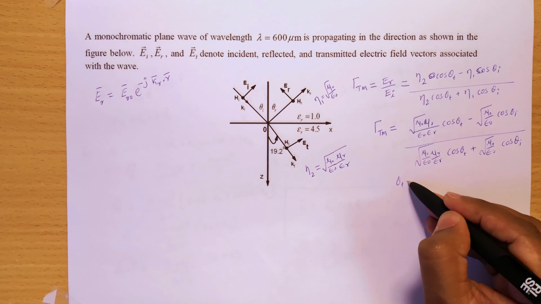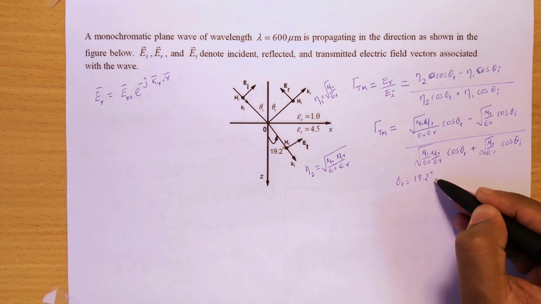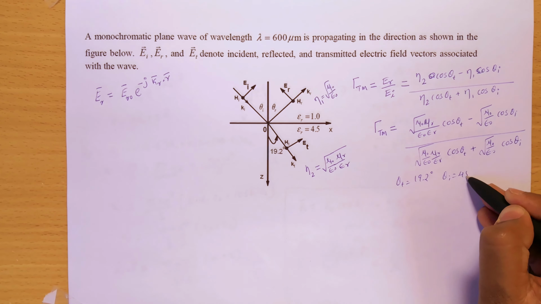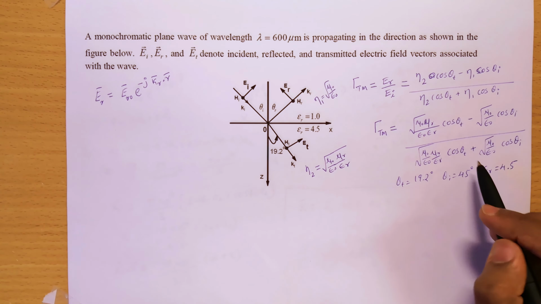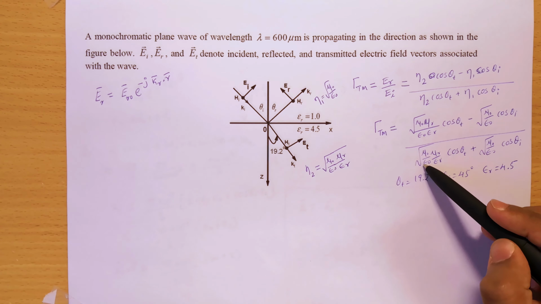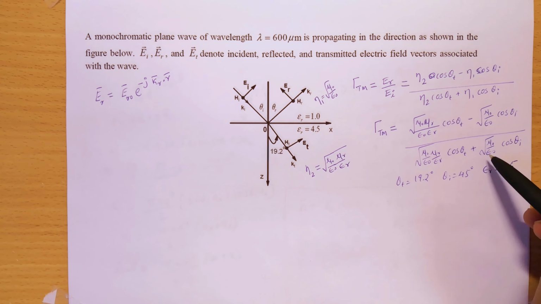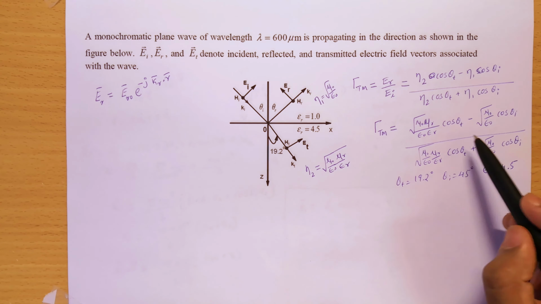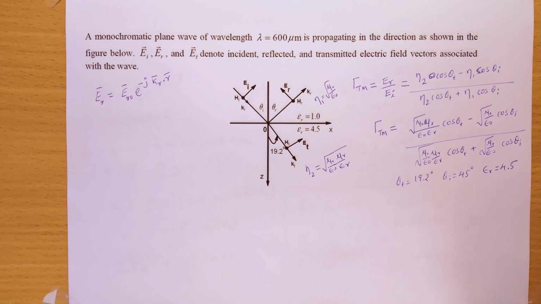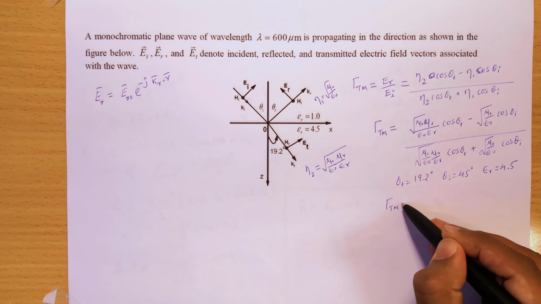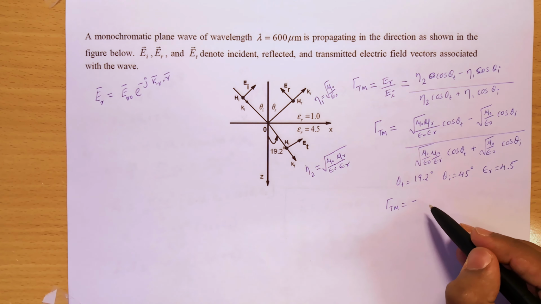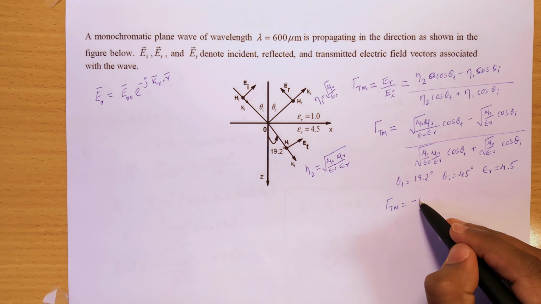So theta t is 19.2 degrees, theta I is 45 degrees, and epsilon r is 4.5. From these, the common values cancel out, and generally mu r is 1. So what we get is the reflected ratio is minus... Let me take it from my earlier calculation.